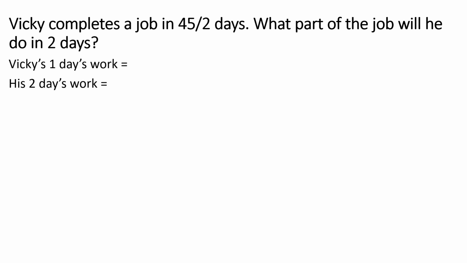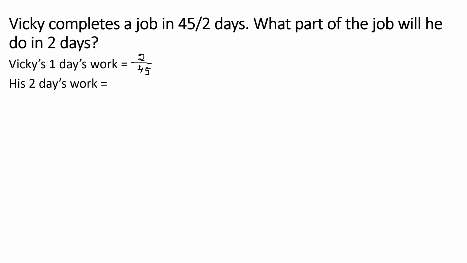Vicky completes the job in 45 divided by 2 days. So what part of the job will he do in 2 days? Vicky's one day's work will be, okay, time taken to finish the work is 45 by 2, so the reciprocal will be 2 divided by 45. This is one day's work.